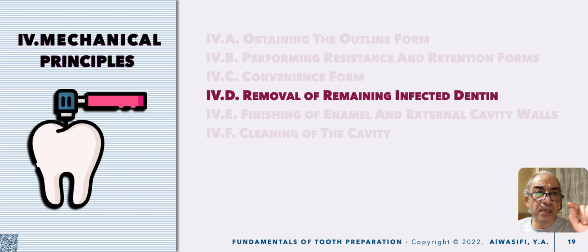It may be cariously affected, not infected, and you left it uncut, and you are sure it will not lead to recurrent caries. That's why this step of cavity preparation is now limited to remaining infected dentine on the floor of your cavity, or in the third dimension, or in the depths.